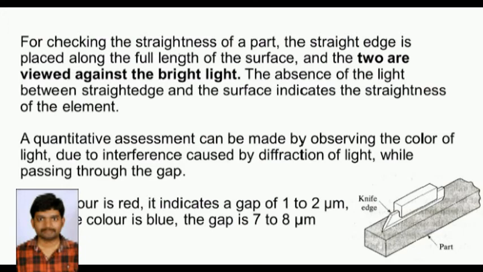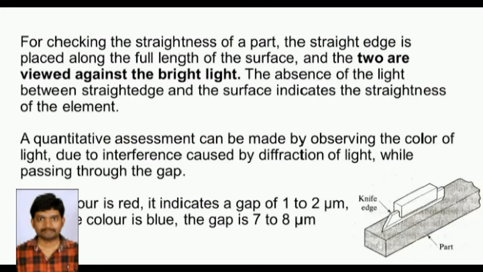On the other side, we should keep a bright light source. And now we have to check whether the light is passing in between the top surface and the knife edged straight edge.